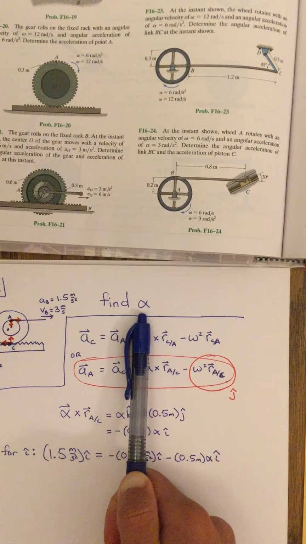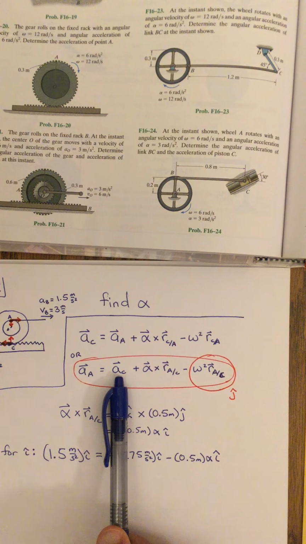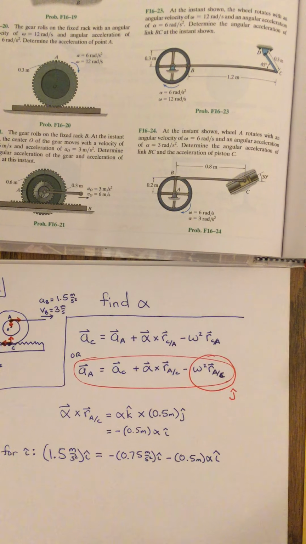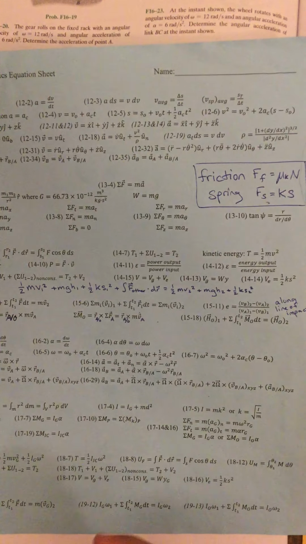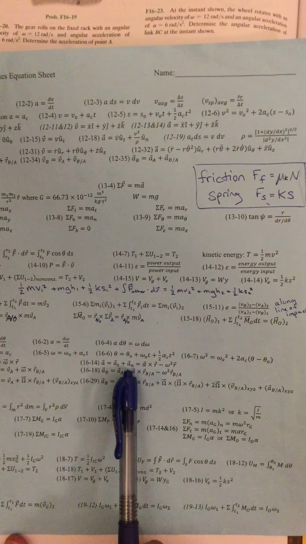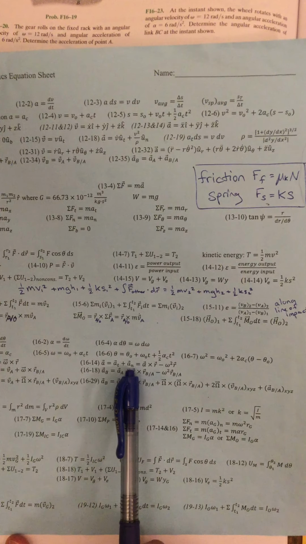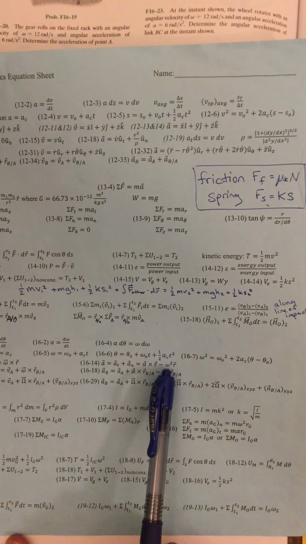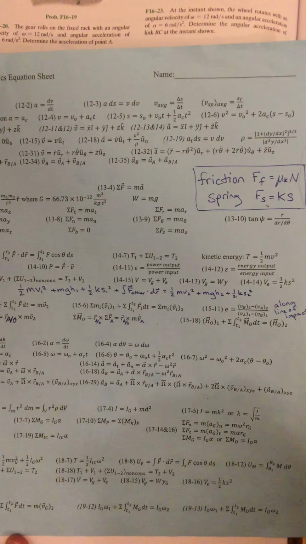Now, they only asked us to find the angular acceleration, so I don't have to look at the j hat components. If I was looking for the j hat component of this acceleration or the j hat component of this acceleration, I may have to look at the j hat components, or maybe I could go back to my equation for the normal and tangential components, and the component which is pointing in towards the center of the circle is the normal component, and that's equal to negative omega squared times the vector r.